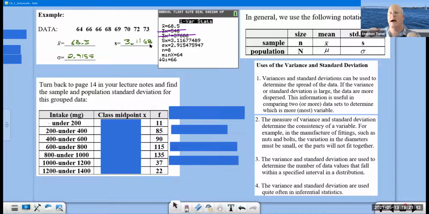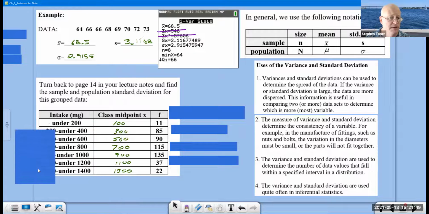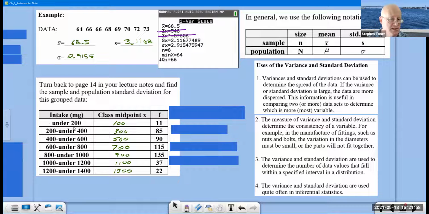Now, if we go back to page 14 in your notes, we did a problem where we used the class midpoint to represent the rows where you did not have specific values. You had ranges instead.